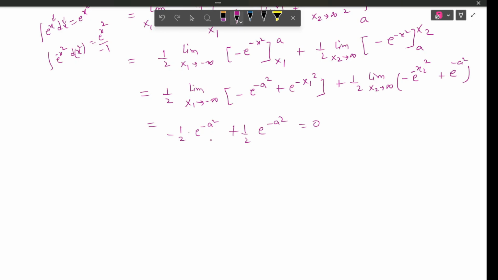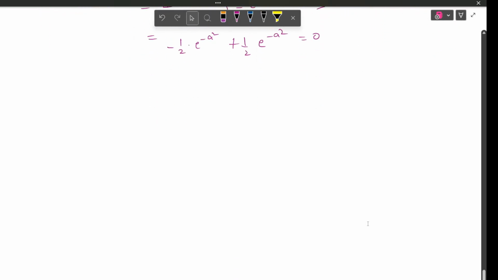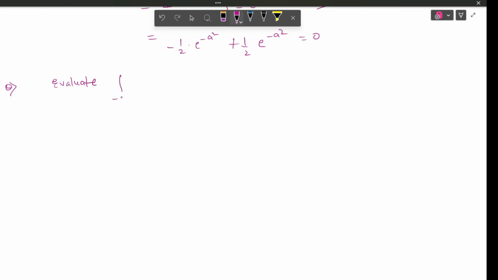Now let us see our last question in today's session, that is evaluate the integration from minus 1 to 1 dx by x square if possible.